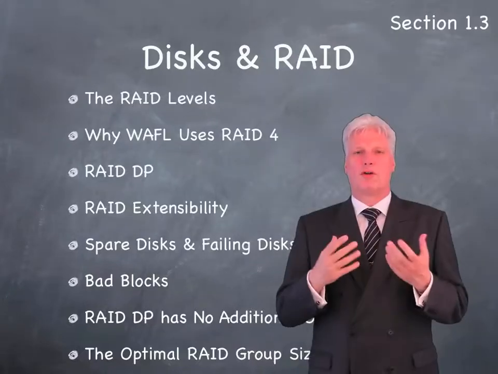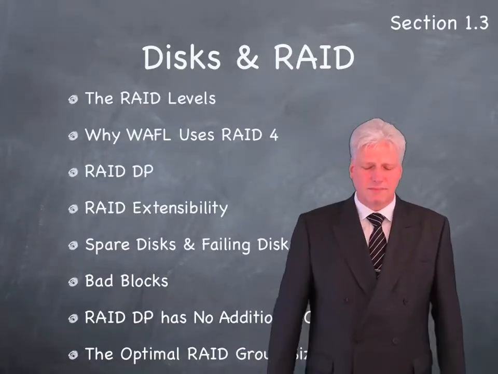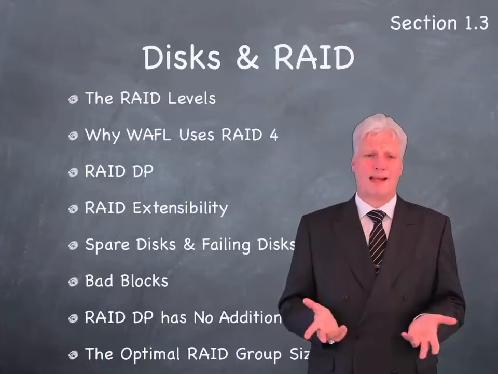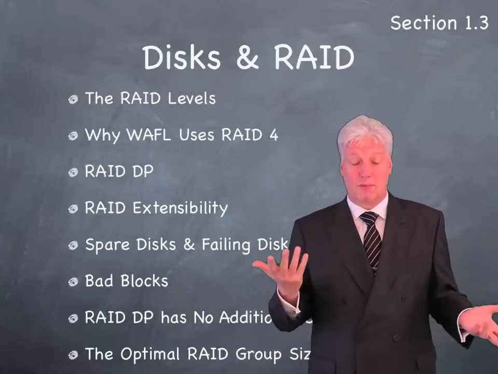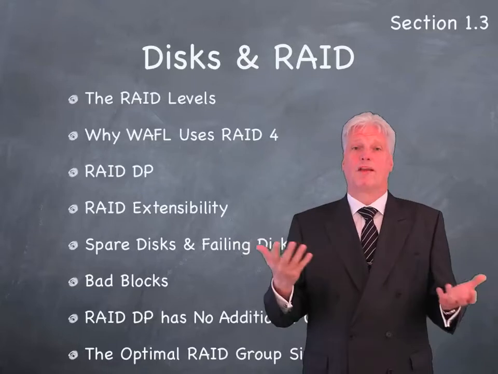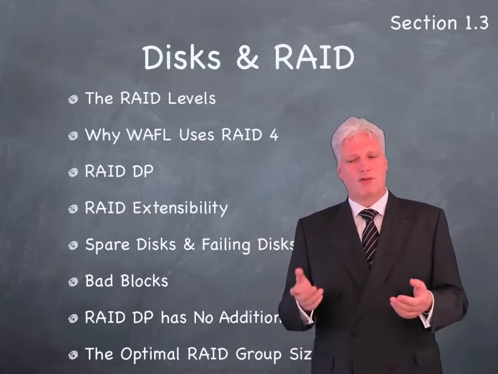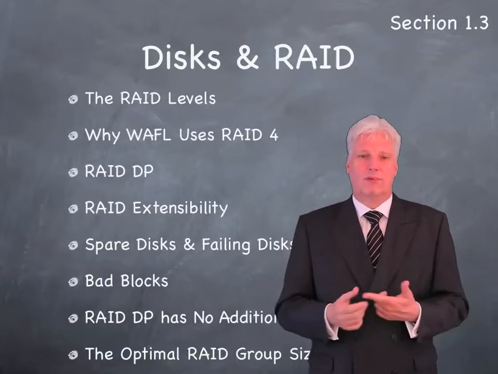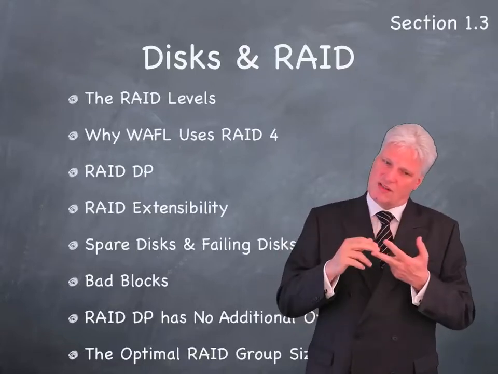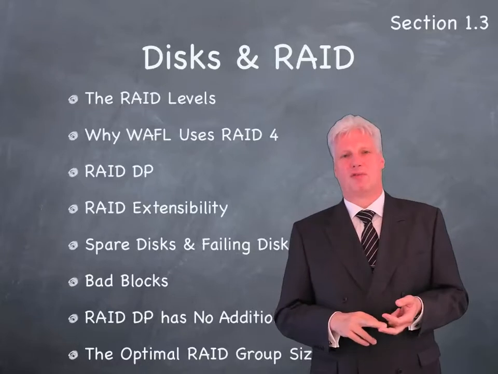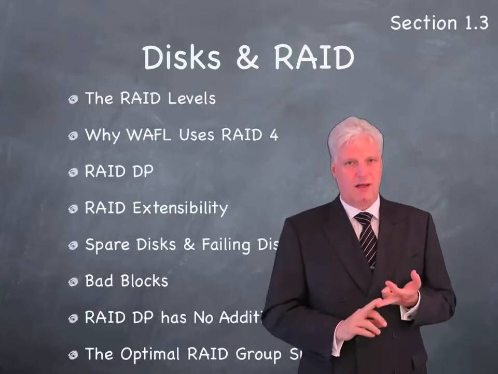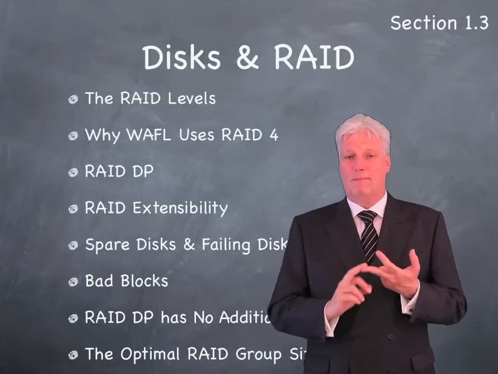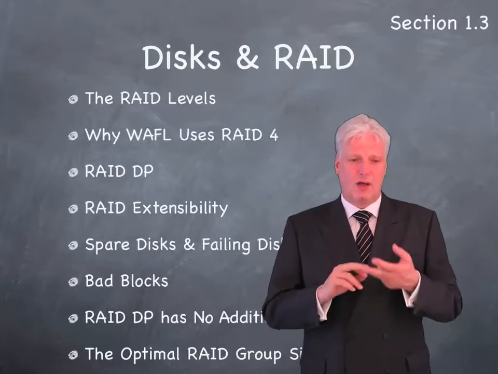In this section, we're going to talk about RAID and disks. We're going to discuss all of the RAID levels, so you understand what RAID levels are for and what the differences between the RAID levels are. We're going to discuss how WAFL uses RAID to get optimal performance. We're going to discuss a special implementation of RAID called RAID-DP, which was made by NetApp to get even higher protection.